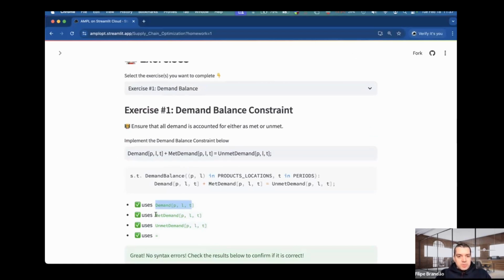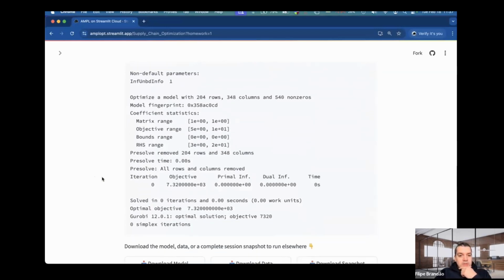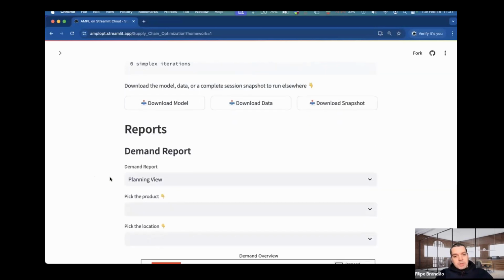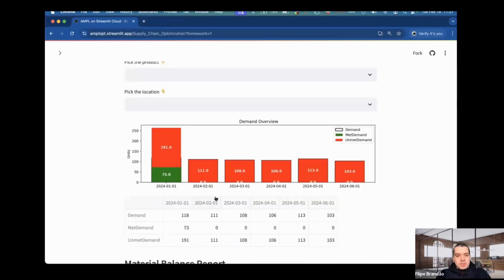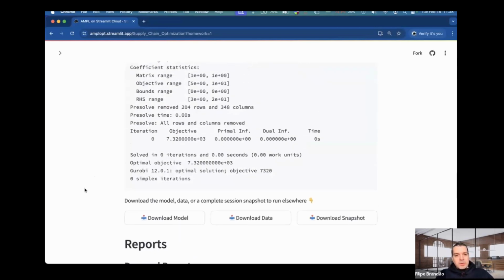Here you have some tips about what needs to be included in the expression, and I'm including all the components just in a very wrong way. And what is going to happen in this case? In fact, it's still not infeasible, but the way to really see that something is wrong is you look at the report. And this is where you can see that there is something very wrong. So you see unmet demand with these high values, met demand 0 most of the time, so something is clearly wrong.